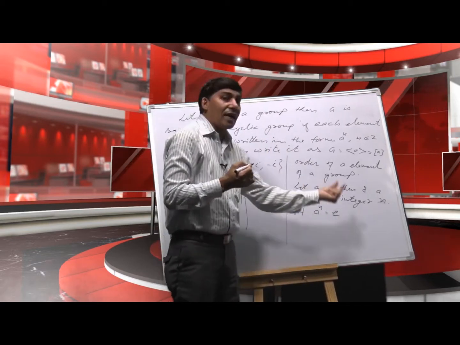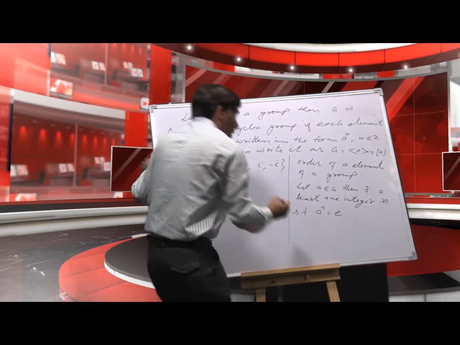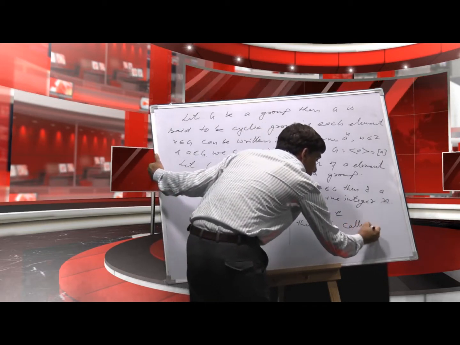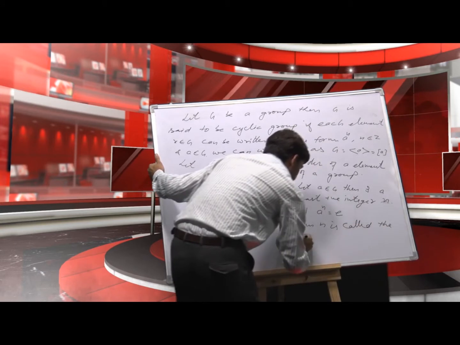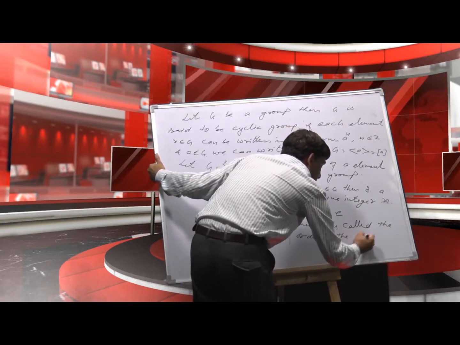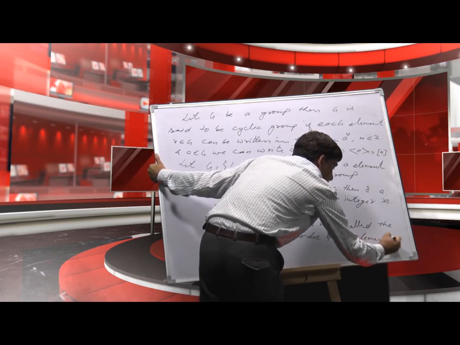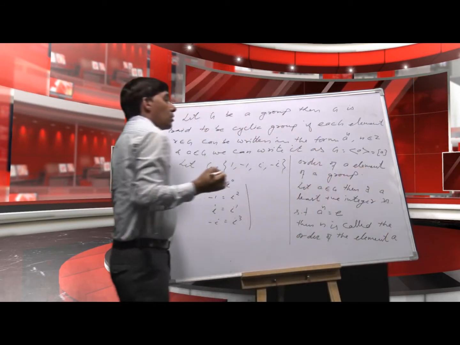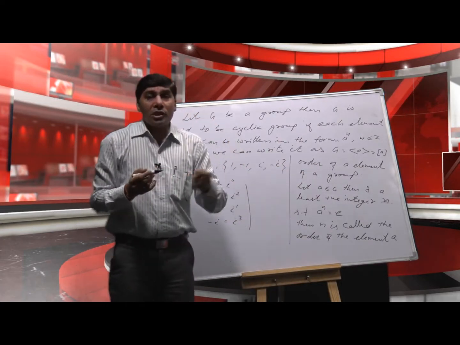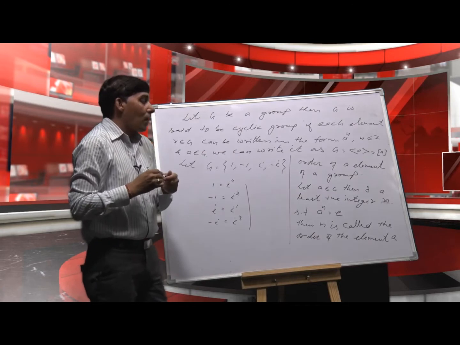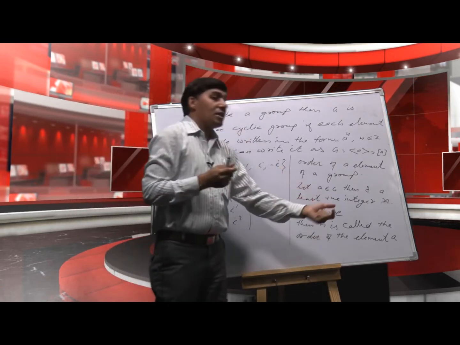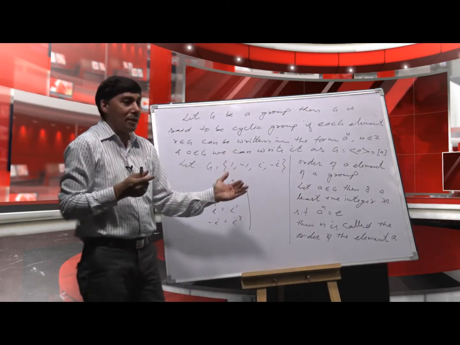Then n is called the order of the element a. We repeat again: the least positive integer such that a raised to power n is equal to identity, then this least positive integer is known as the order of the element.